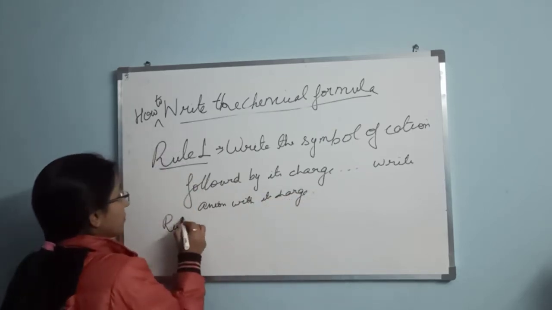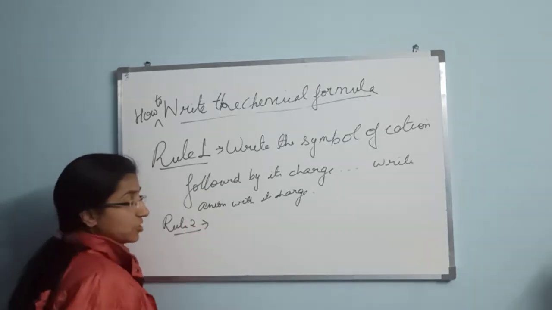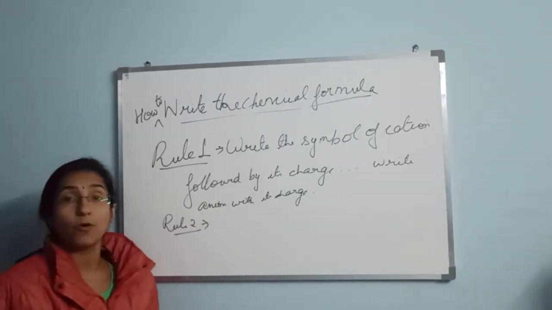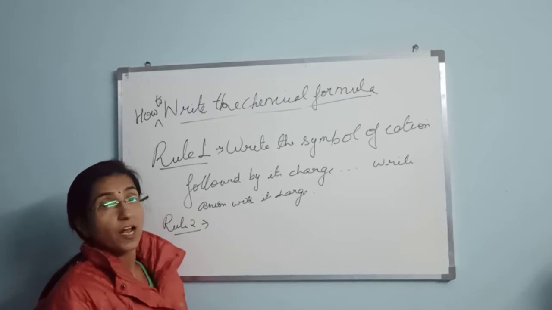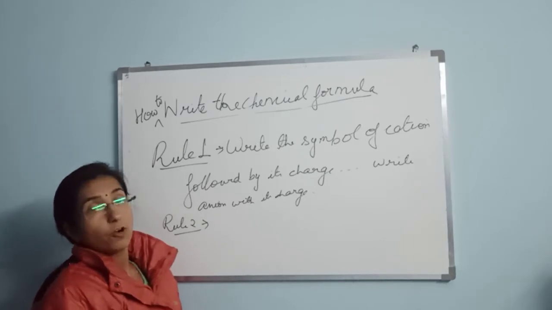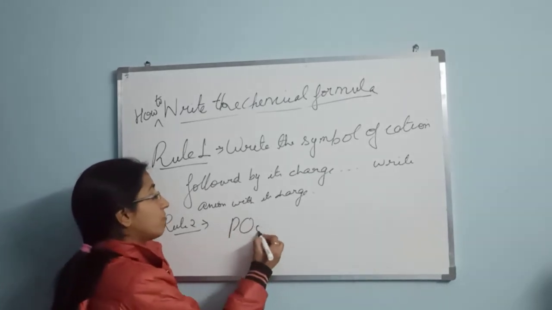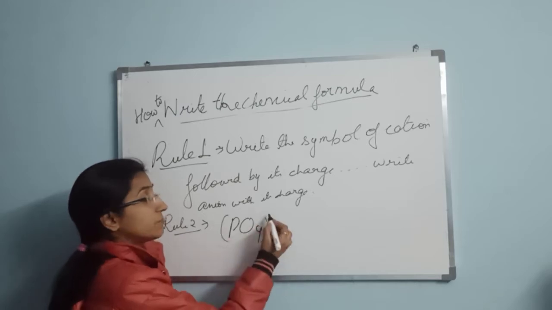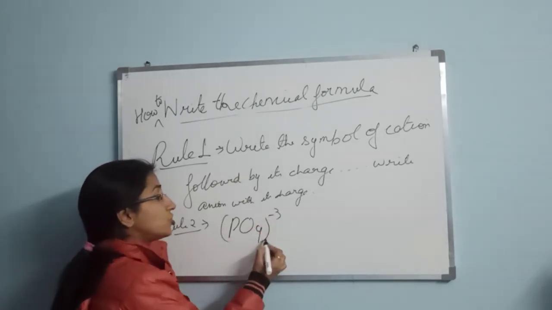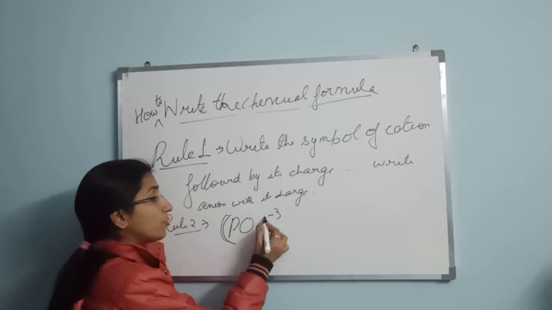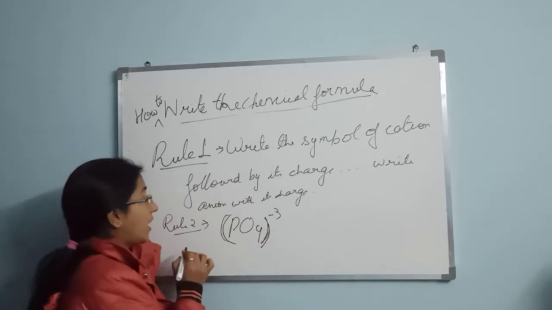After that, rule number 2: suppose the species given is a polyatomic ion. Polyatomic means having many atoms, like phosphate. If we have phosphate, PO4 with a charge of -3, then just put a small bracket around it when writing.